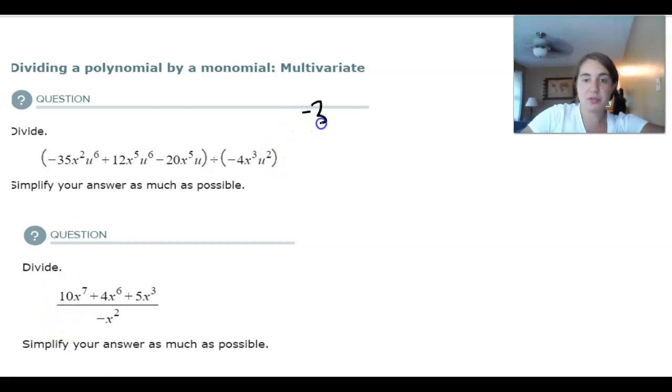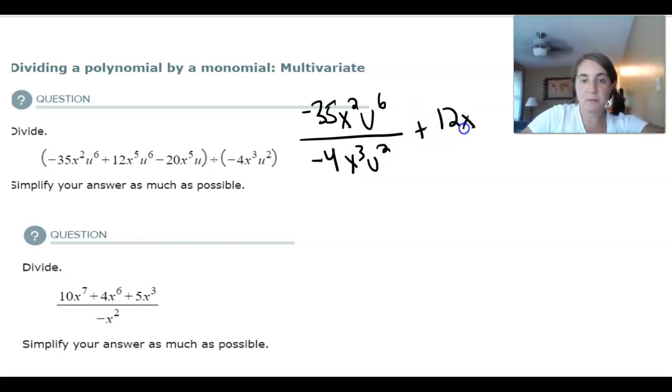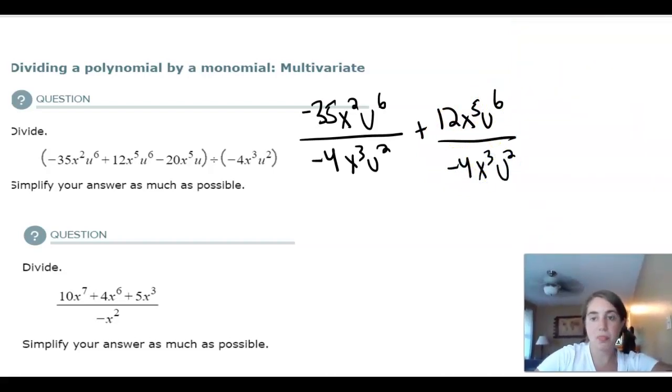Each of these terms is divided by negative 4x to the third. So I'm just rewriting it, dividing each term.